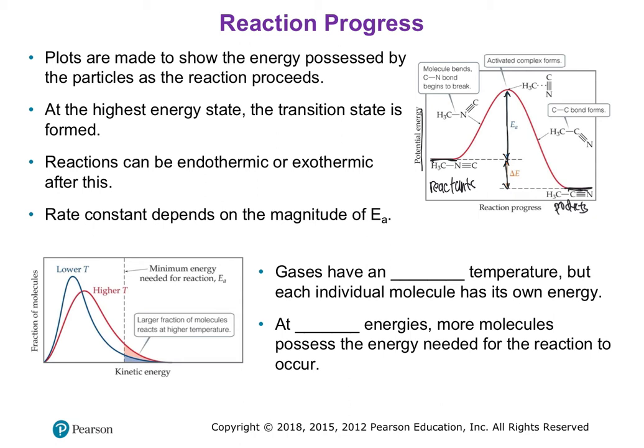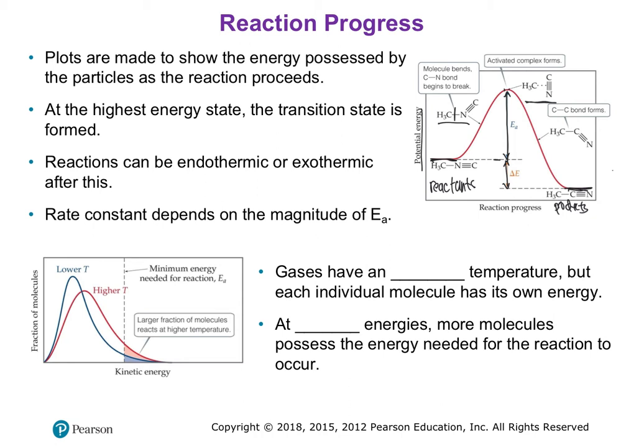The activation energy is the energy it takes to get from your reactants over the bump so you can form your products. So this is our activated complex for this reaction, where I have this molecule here, and initially it is a linear molecule, and what's happening is our carbon and nitrogen are switching places. So I need to break this bond here and then reform a bond with carbon.